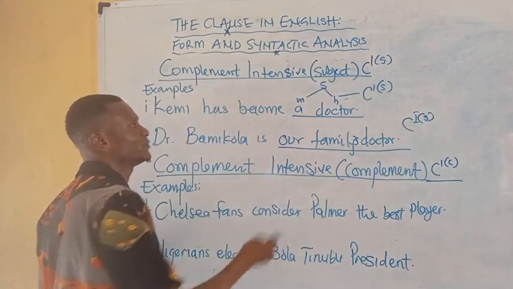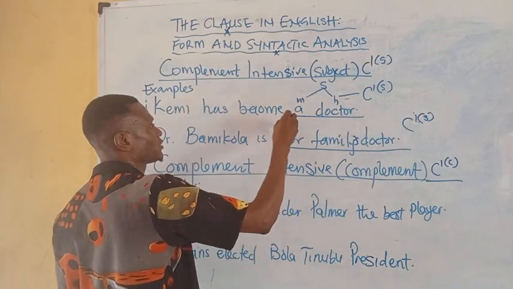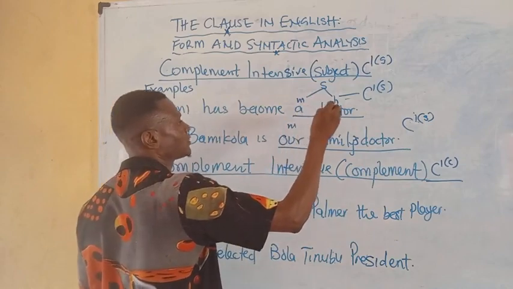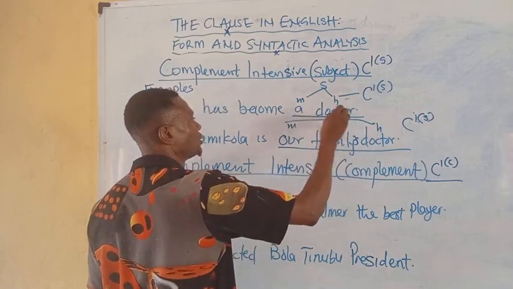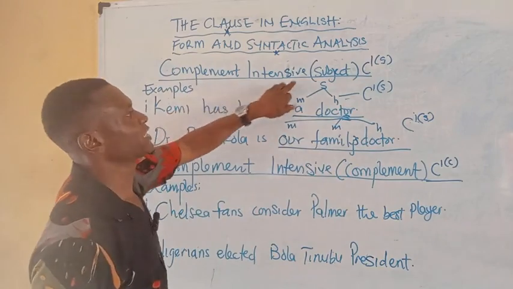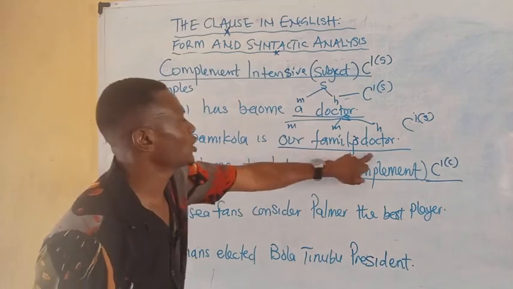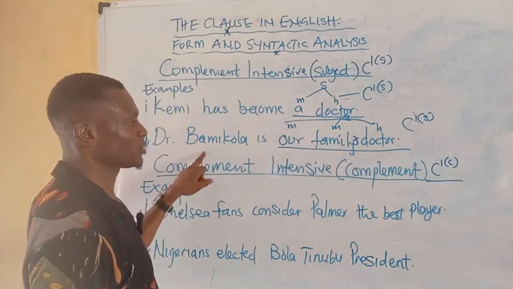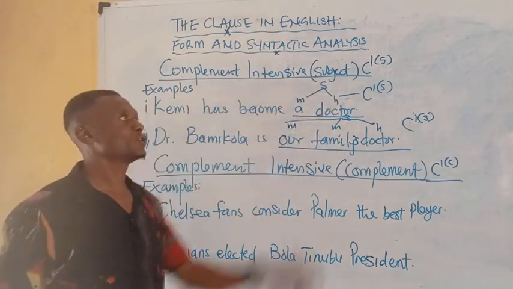Why? This one is a modifier headword forming a subject. So that's why it's referred to as complement intensive. Doctor here has to do with Kemi. Our family doctor too has to do with Bamikole. This will be referred to as complement intensive subject.